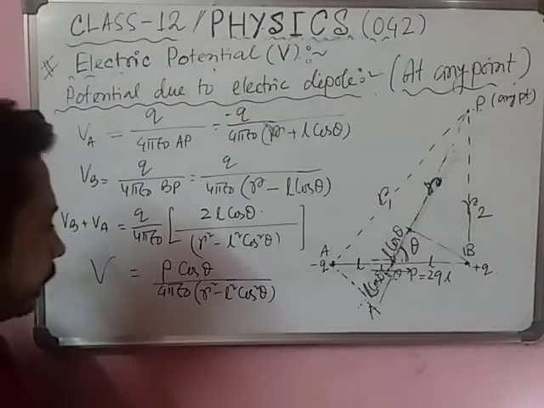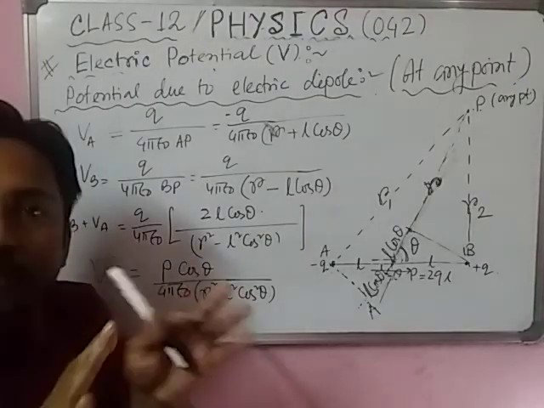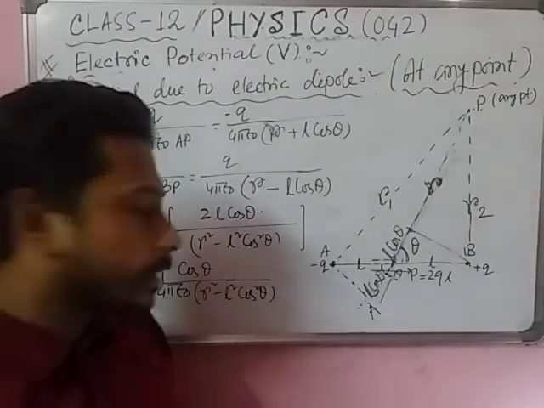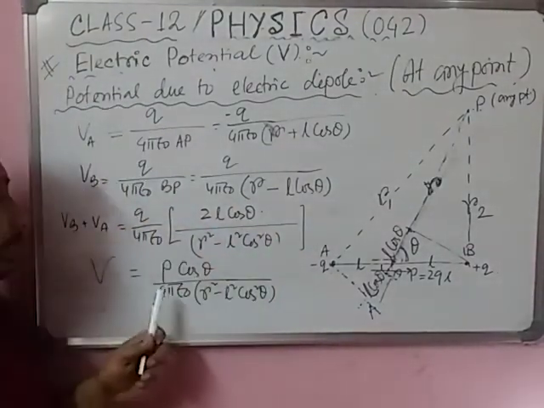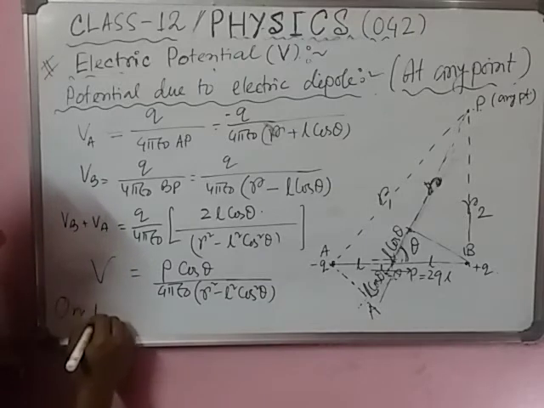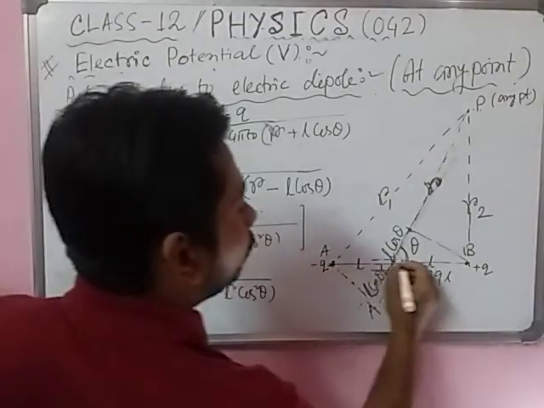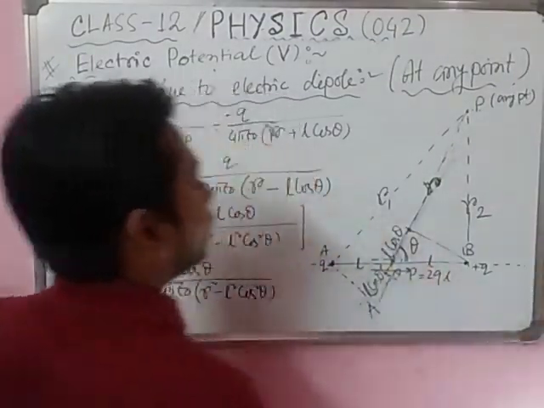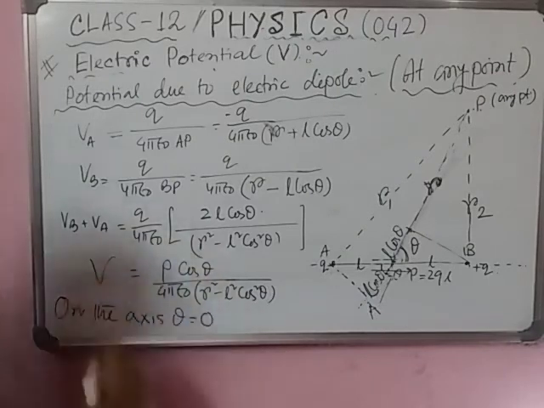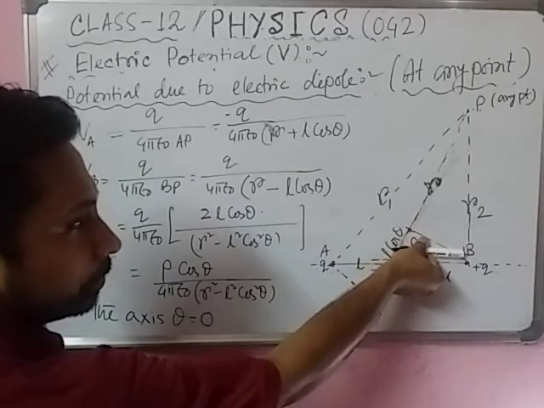Now you tell me students, from this formula you can calculate everything. Number 1, for any point, anywhere you can calculate the potential. Number 2, you can calculate potential on the axis. On the axis, this is your dipole, and the point lies along it. So theta is equal to 0, because theta is the inclination to this line.